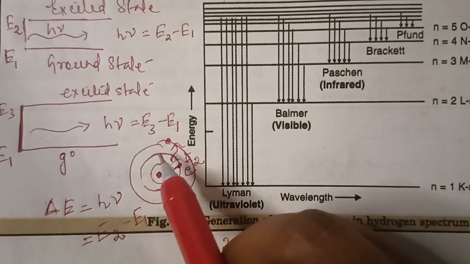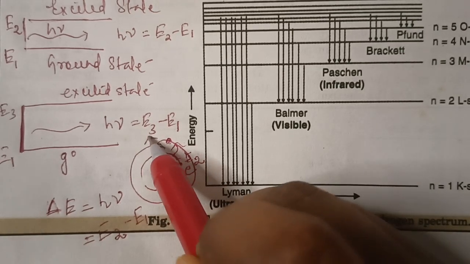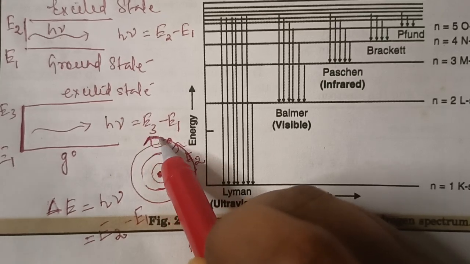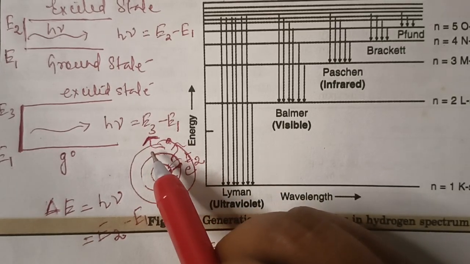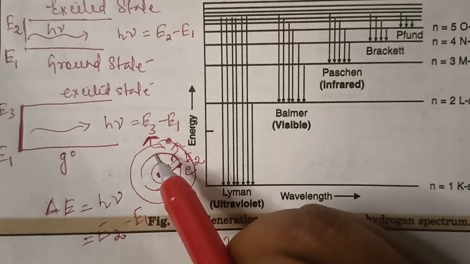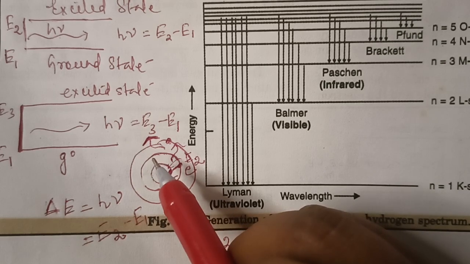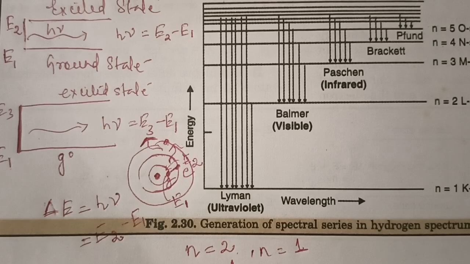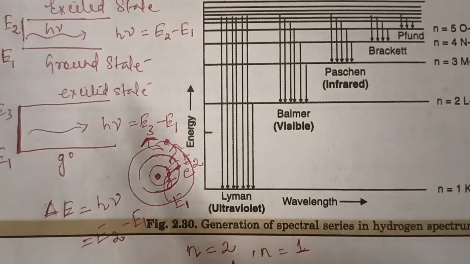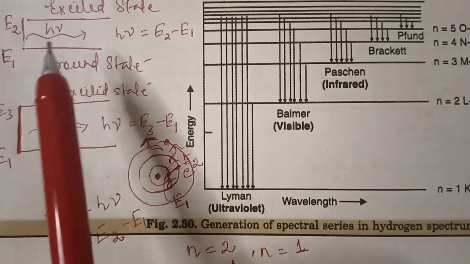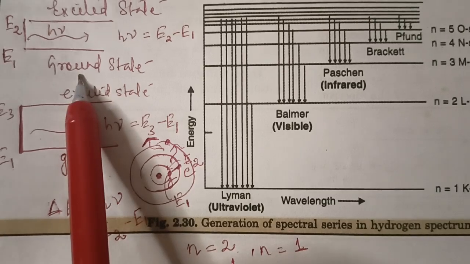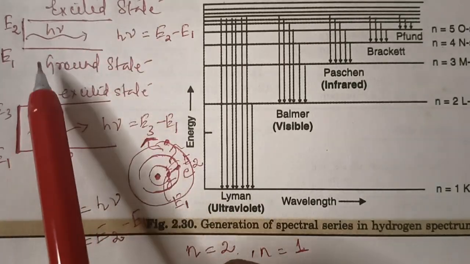In this process it will emit certain energies in the form of quanta, which on the photographic plate we see as a line, called the spectral line. It is easily shown here: ground state, excited state.